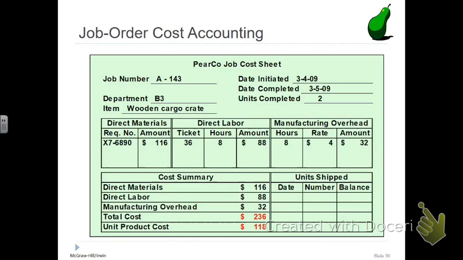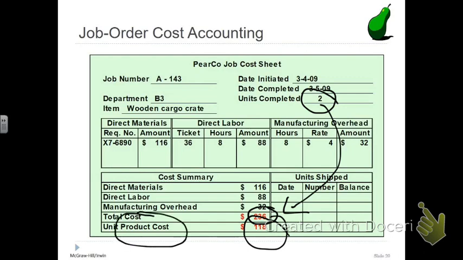So notice in this case they summed up the total cost. In this case it's $236. They made 2 of them. It required 2 units to be produced, so they took the 236, divided it by 2, and the unit product cost is $118. Notice that is just the product cost.